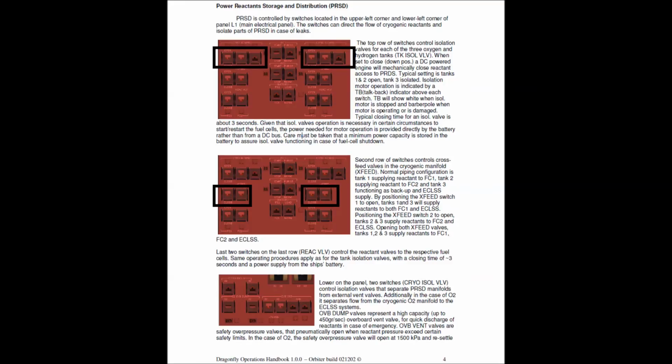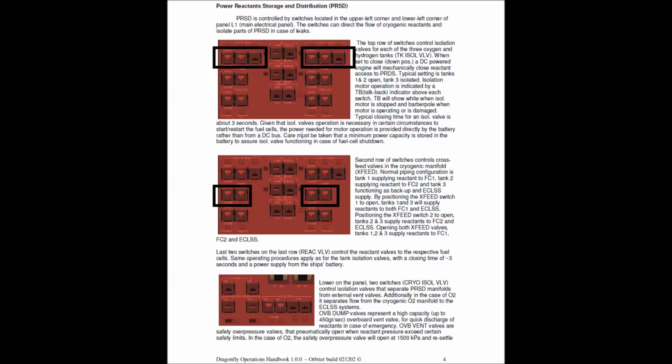Positioning crossfeed switch 2 to open, tanks 2 and 3 supply reactants to FC2 and ECLSS. Opening both crossfeed valves, tanks 1, 2, and 3 supply reactants to FC1, FC2, and ECLSS. The last two switches on the last row, react valve, control the reactant valves to the respective fuel cells.